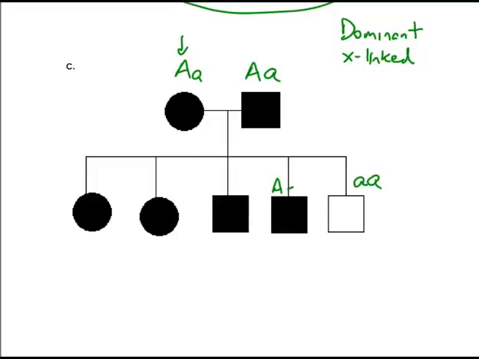If this is dominant, it's the big A that's causing the trait. But these two little a's could possibly get together, and they could lead to a 1 in 4 chance of their offspring not, in fact, having the disease. So, like the first one, it could be X-linked and it could be autosomal.